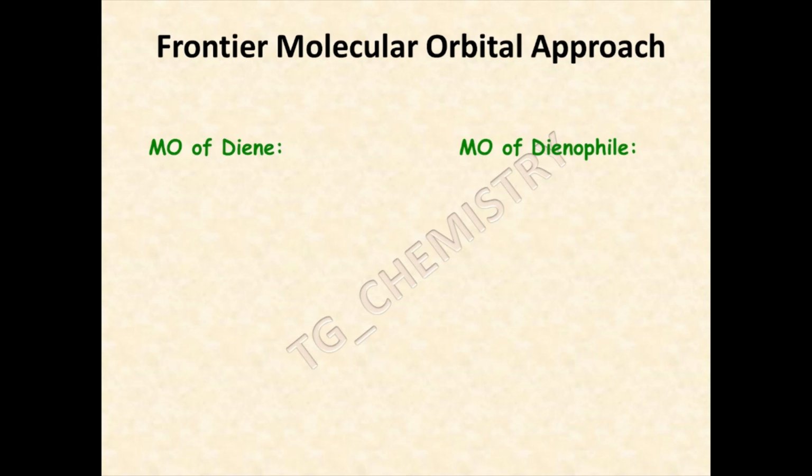Here we will take the 1,3-butadiene system as a representative diene, which we usually find in all the classical textbooks, and the ethylene molecule as a typical dienophile. Both are unsubstituted ones, in the ground state.